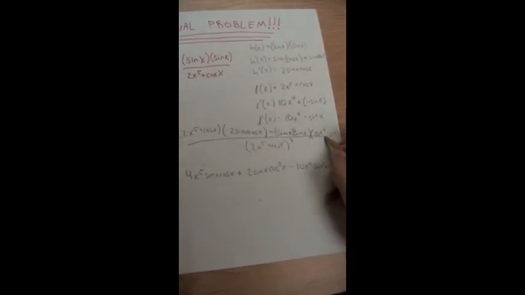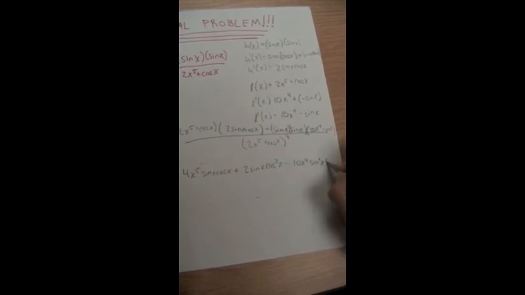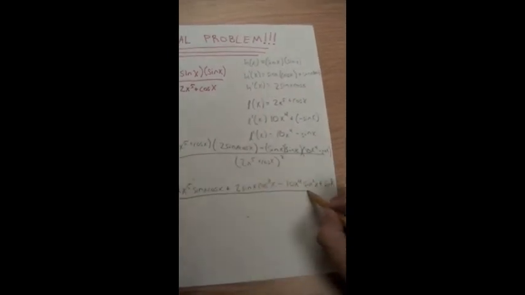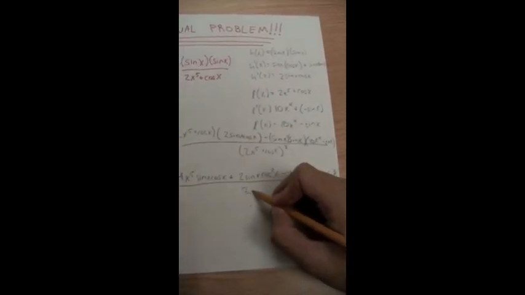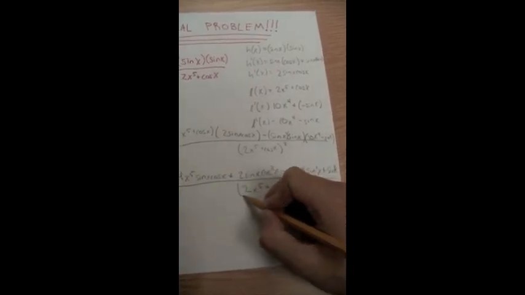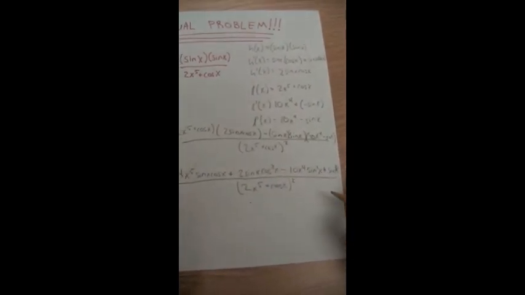And now we have minus a negative, so it's going to be plus sine cubed x. It's all over 2x to the fifth plus cosine x squared.